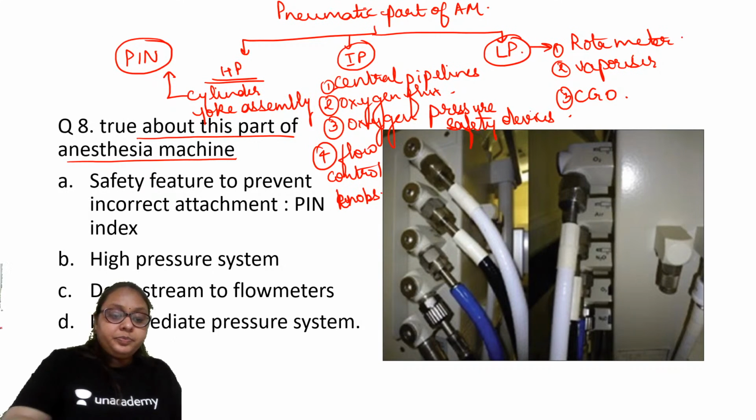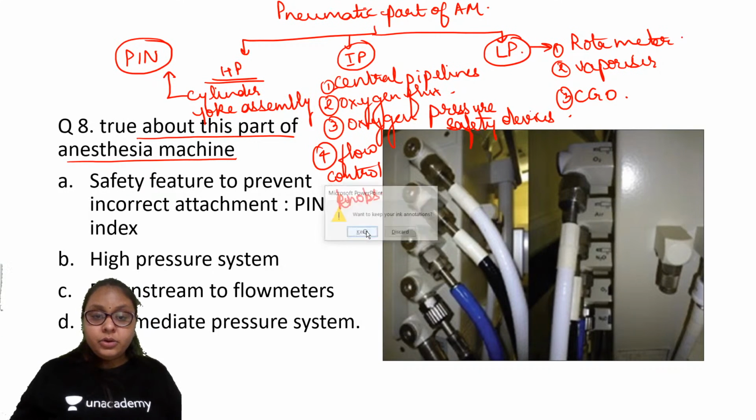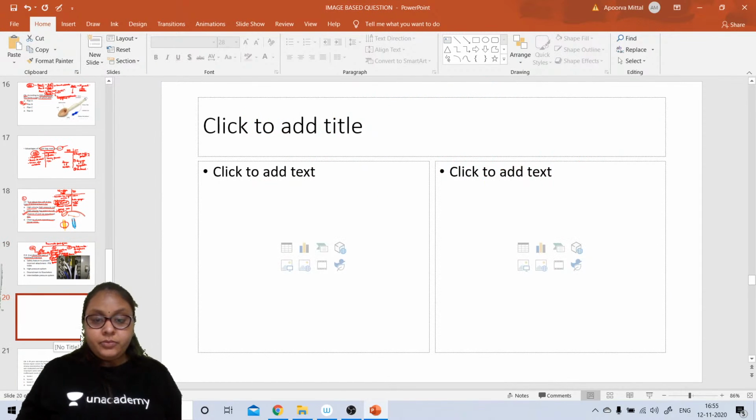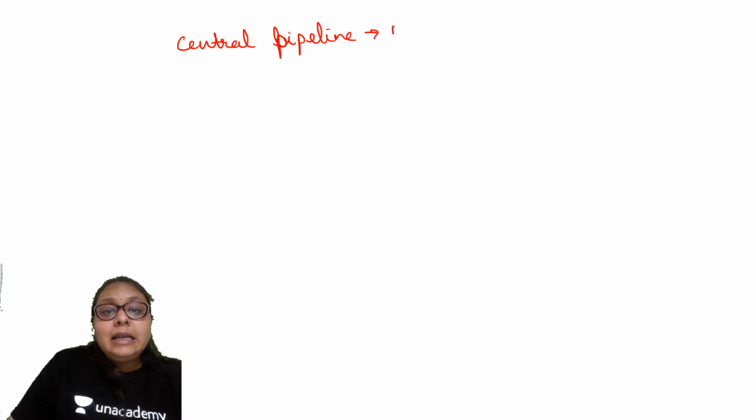Now, what is the safety feature to prevent the incorrect attachment of the central pipeline to the anesthesia machine? That is the diameter index safety system.